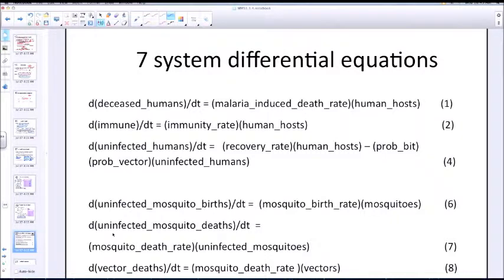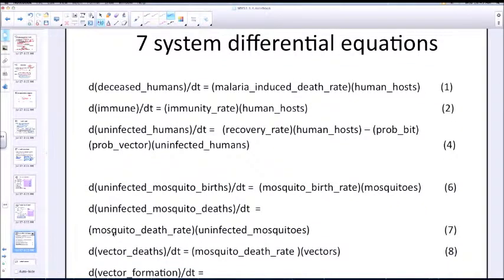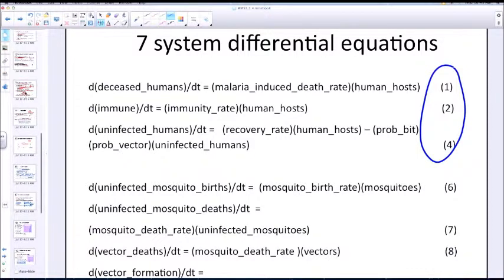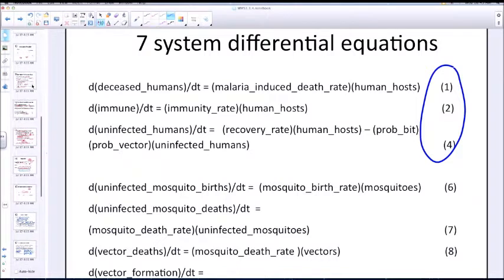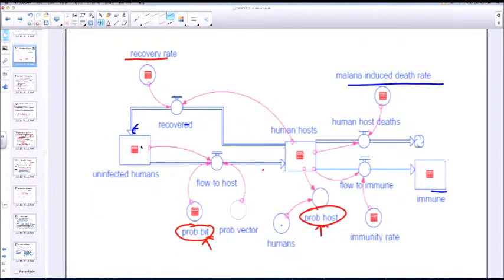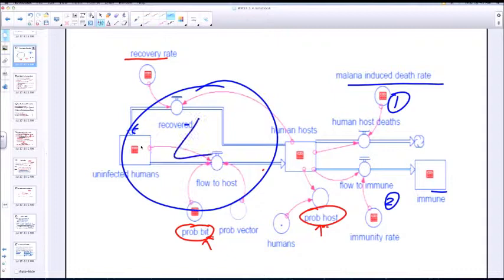And I talked about equations. We have 3 equations for the human model that are shown here: the 3 equations, one here, and the 3rd one or the 4th one is here. That's number 4.